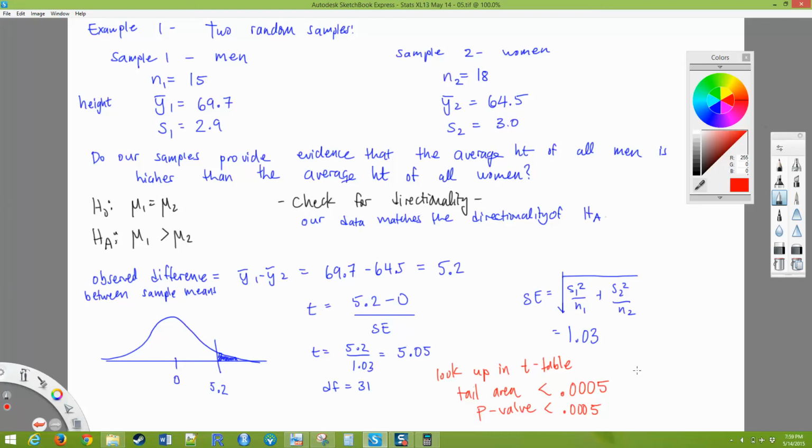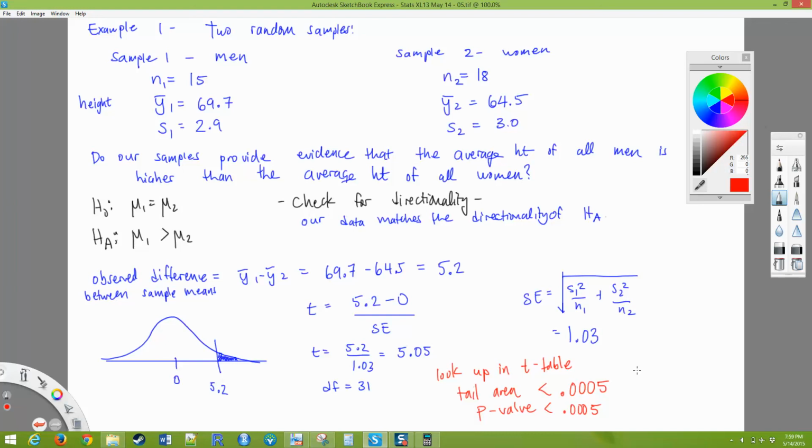What does it mean that our p-value is less than 0.0005? So what is a p-value again? It's the probability of observing our data or something more extreme if the null hypothesis is true. That's the definition that I wrote. What is the p-value in the context of this problem? It means it's very unlikely.